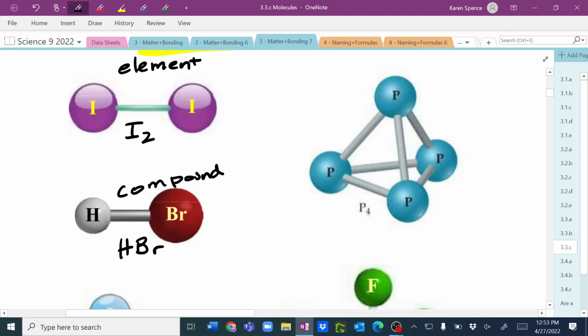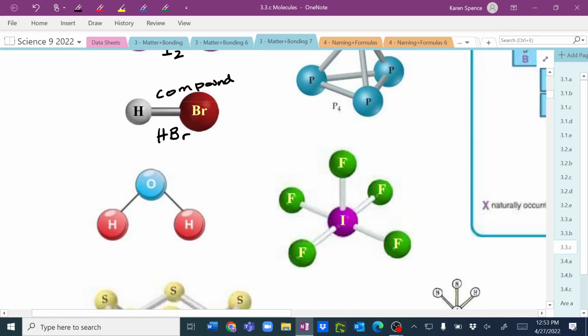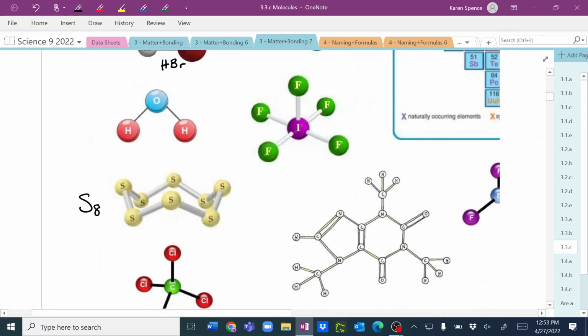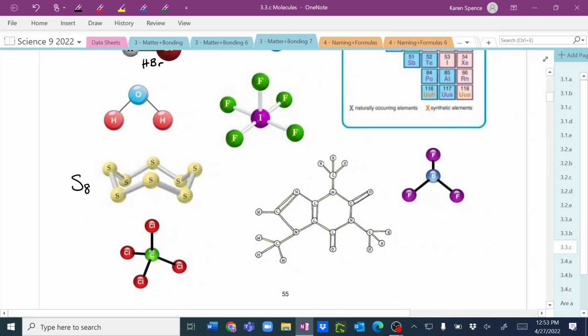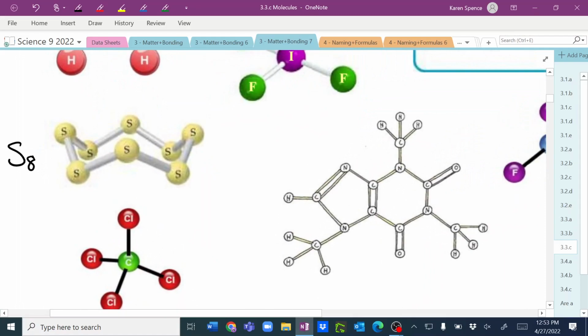And you can see there's all kinds of other ones. We have P4, we have H2O, we have IF5. Sulfur does a funky little thing where it forms this ring of 8 sulfurs that looks a little bit like a crown, okay? And then we can even get something like, I think that perhaps this is caffeine, but I'm not sure.